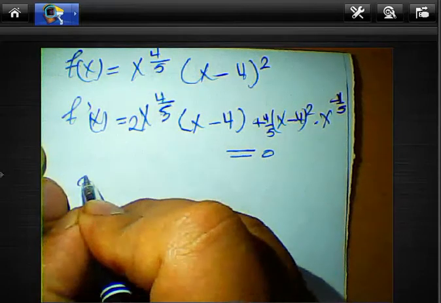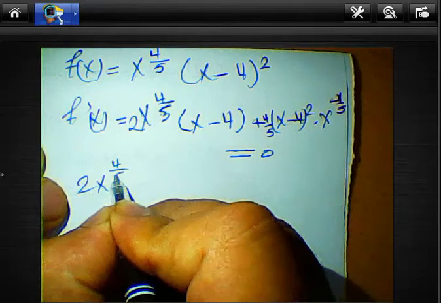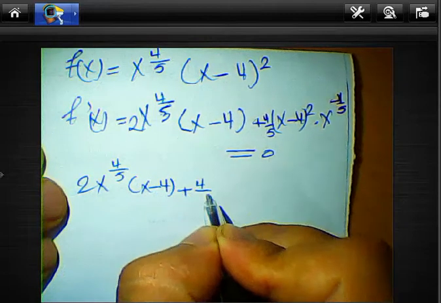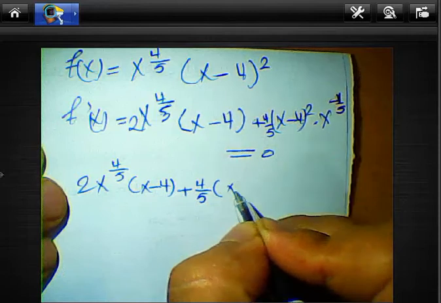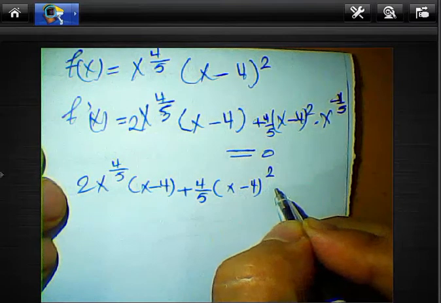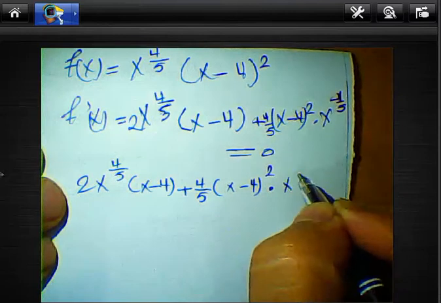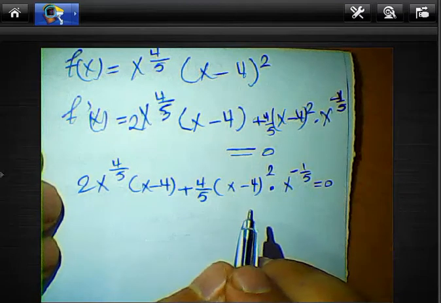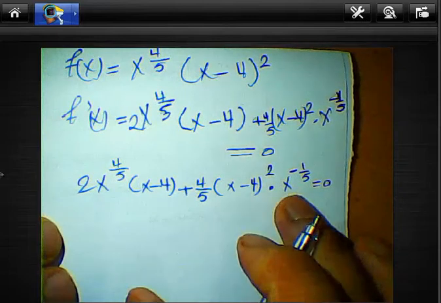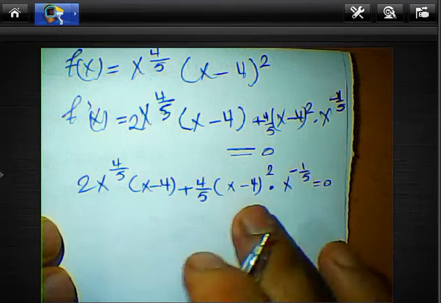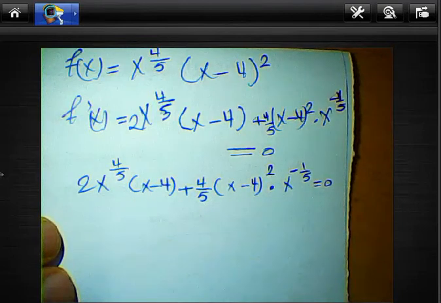So we can write here 2x power 4 over 5 multiplied by x minus 4 plus 4 over 5 multiplied by x subtracted by 4 power 2 multiplied by x power negative 1 over 5, all equal to 0. We know this term must be written in the denominator, and we can write x subtract 4 outside, or you can find the coefficient between the two terms here.